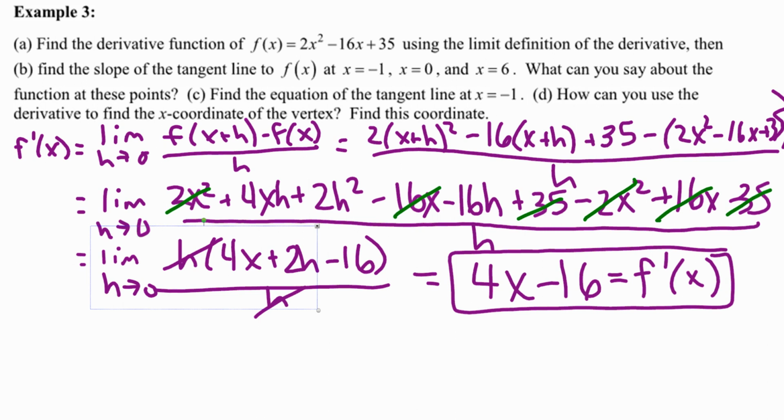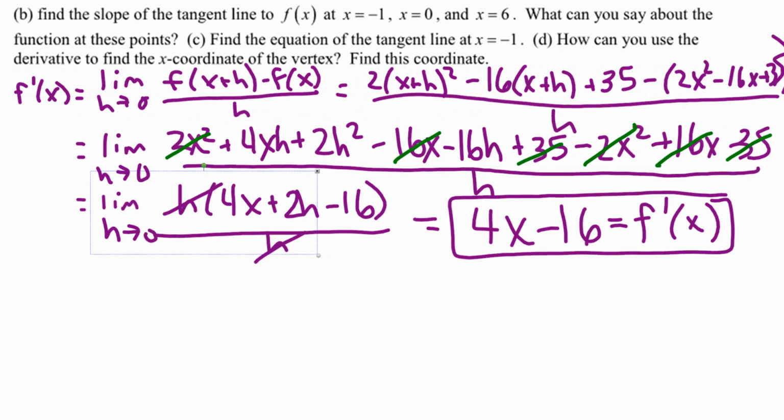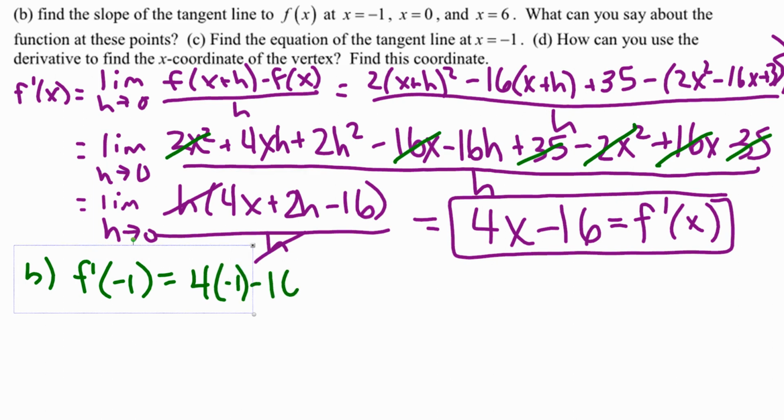Now it's really easy to find the slope at different points. Okay, so for part B, f prime of -1, you just plug it into your function. All right, so 4 times -1 minus 16, we get -20. What can you say about the function at the point?